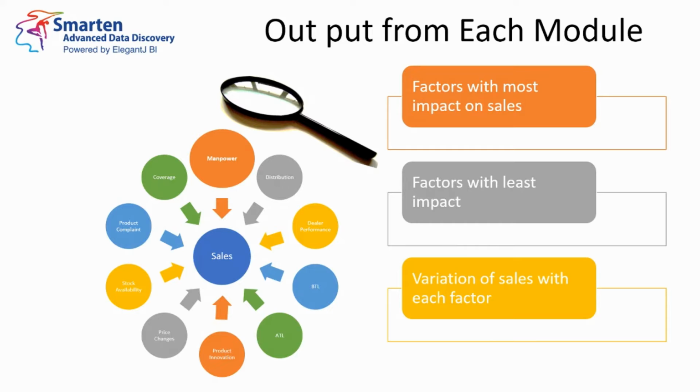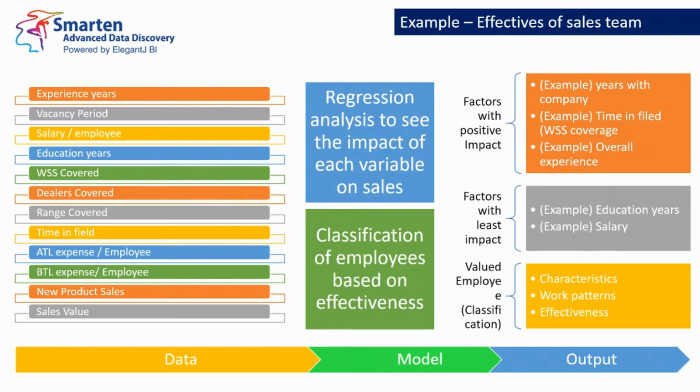You would like to connect it with the sales data, and you want to see which of the individual traits of your manpower have an impact on the sales. So what you will get, say from the manpower or the HR module, is the factors that most impact the sales, the factors in HR that least impact the sales, and what is the volume or quantum of sales which gets impacted by each of these factors.